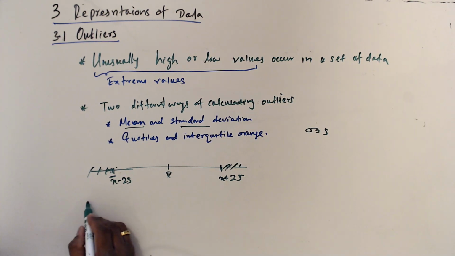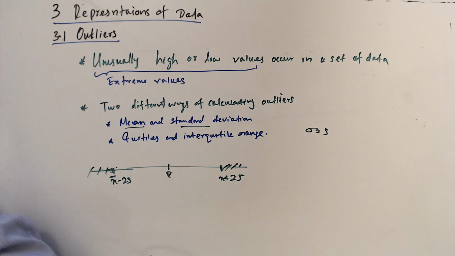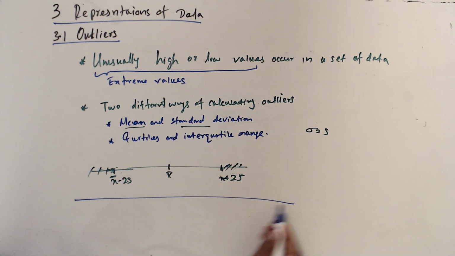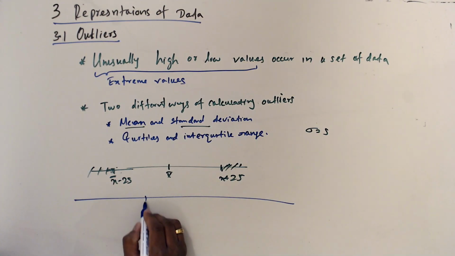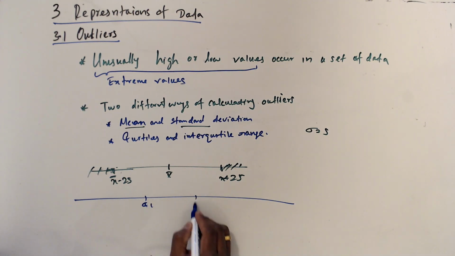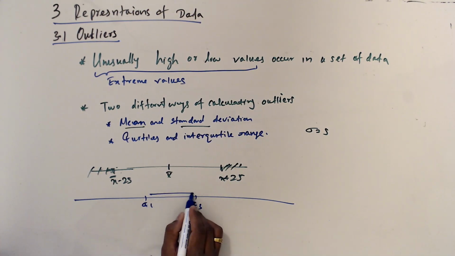The other one is, if we know the data set, we know Q1 and Q3, and the difference is the interquartile range, let's say x.